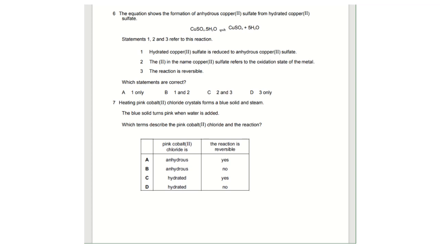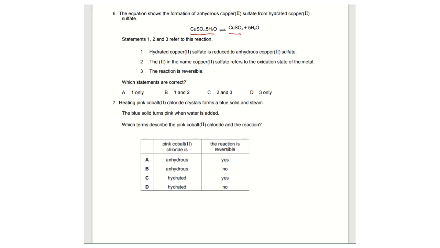The equation shows the formation of anhydrous copper 2 sulfate from hydrated copper sulfate. This is anhydrous copper sulfate and this is hydrated copper sulfate. Statement 1: hydrated copper sulfate is reduced to anhydrous copper sulfate.